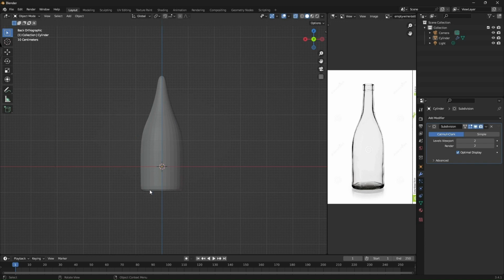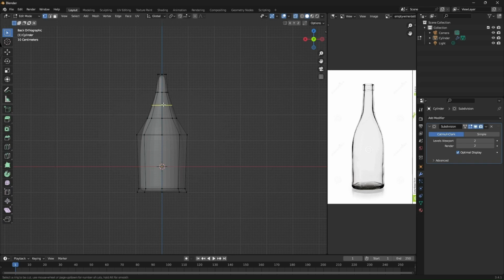We got the flat bottom, we got the curving here. We just need to work on the neck now. So let's see, what we can do here is add some more cuts. I would add along this axis, and it looks like a good spot here to start the neck.